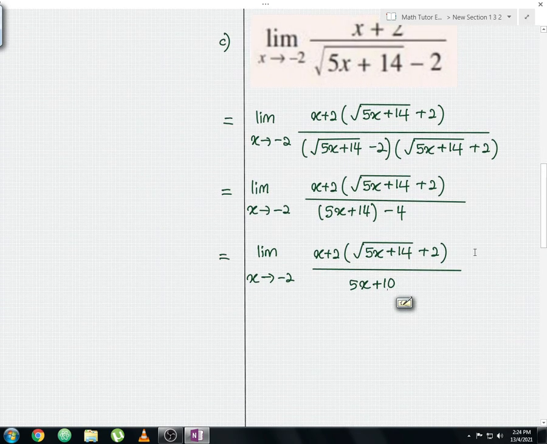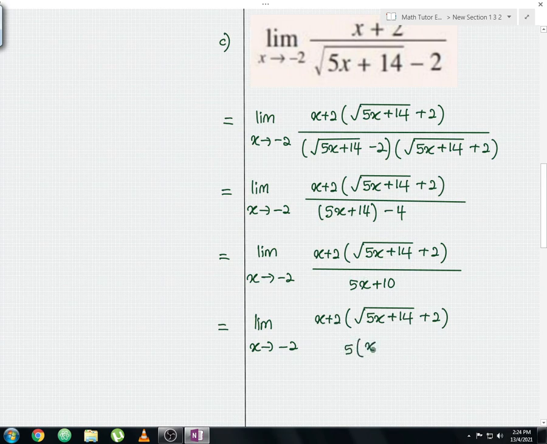So for the next step, limit x approaches negative 2. The numerator still remains the same. As for the denominator, you factor out the 5, and you are only left with x plus 2. Now the x plus 2 and x plus 2 can be simplified.